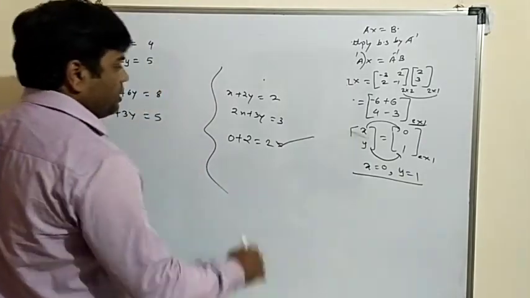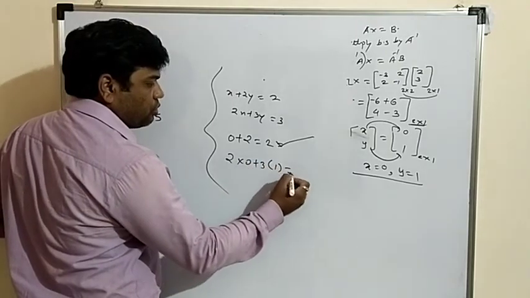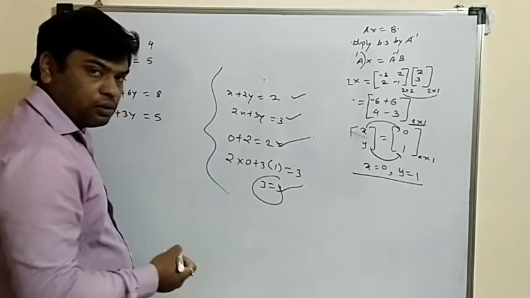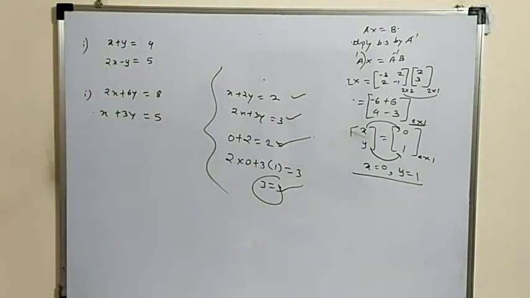The first equation is satisfied. Second: 2 into 0 plus 3 into 1 is equal to 3, so 3 is equal to 3. Both equations are satisfied, which means our answer is correct. If both equations are not satisfied, it means your answer is incorrect.